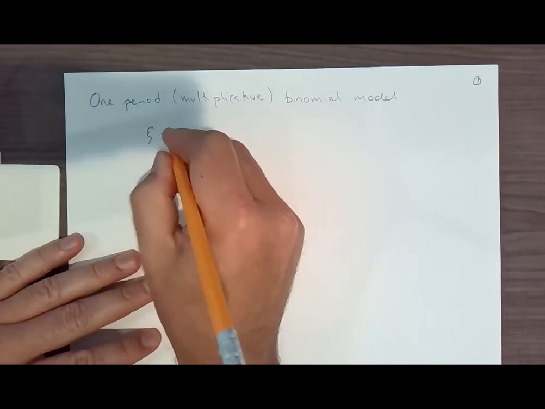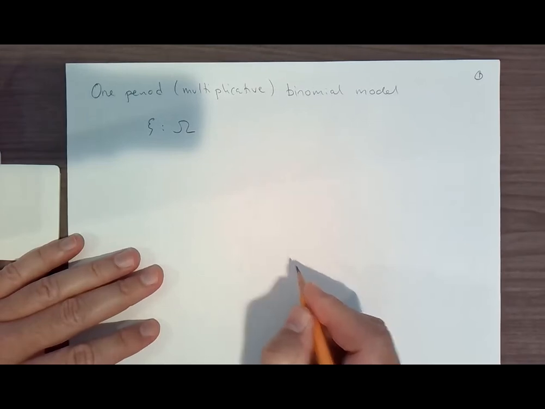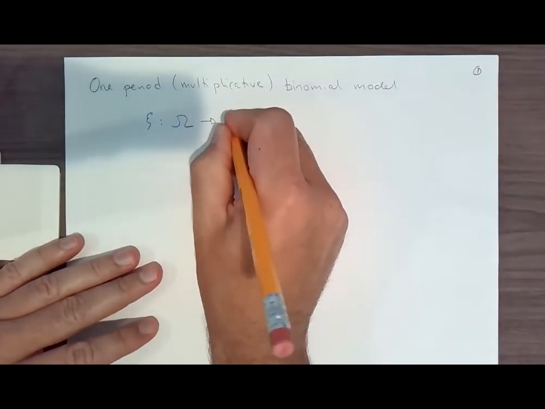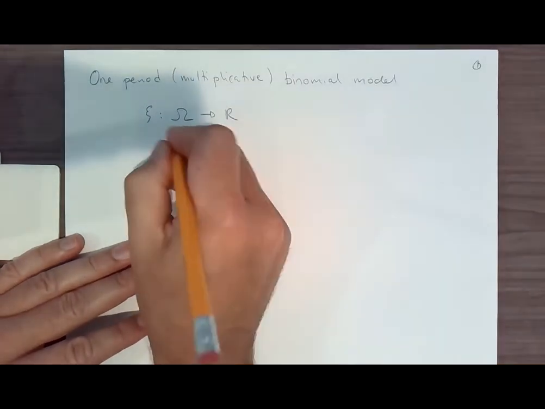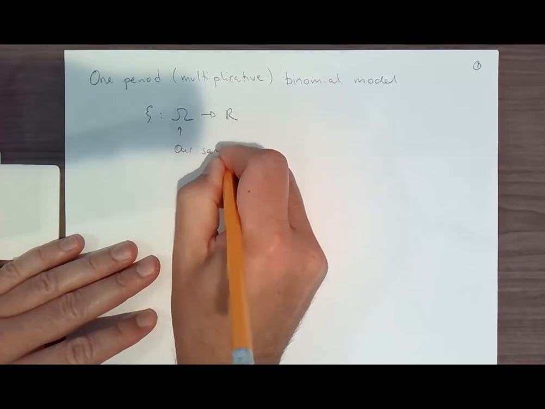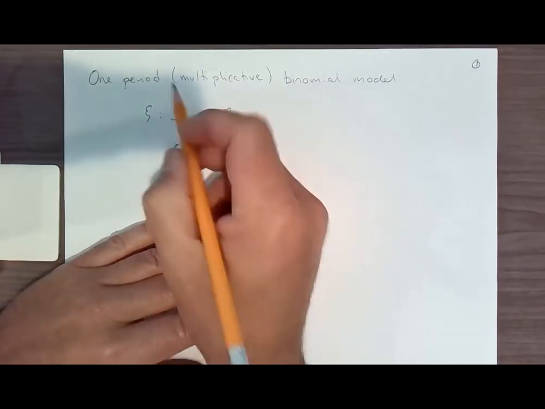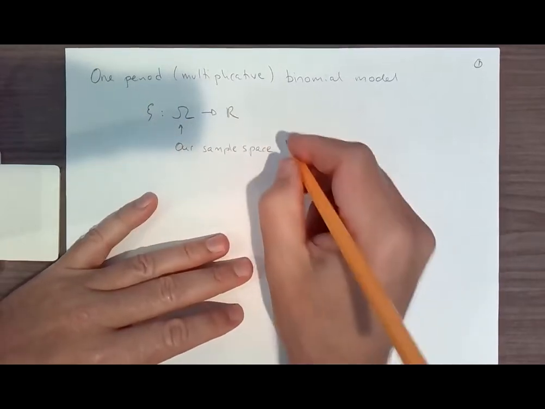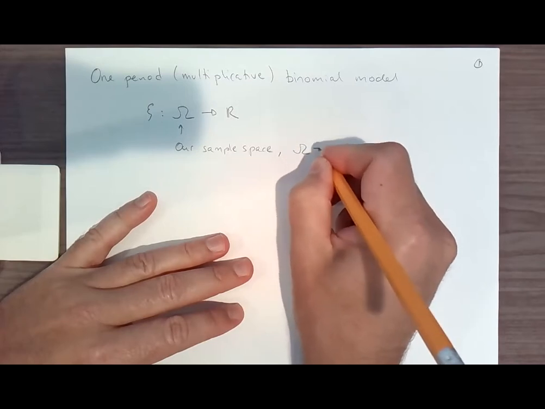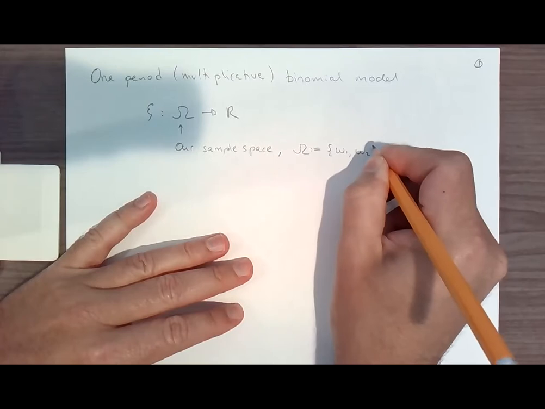It goes from our sample space, typically denoted by omega, and takes values in R. In this particular one-period model, omega has 2 points, omega 1 and omega 2.